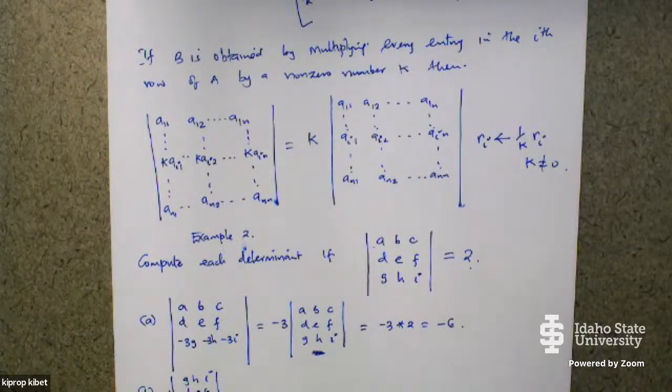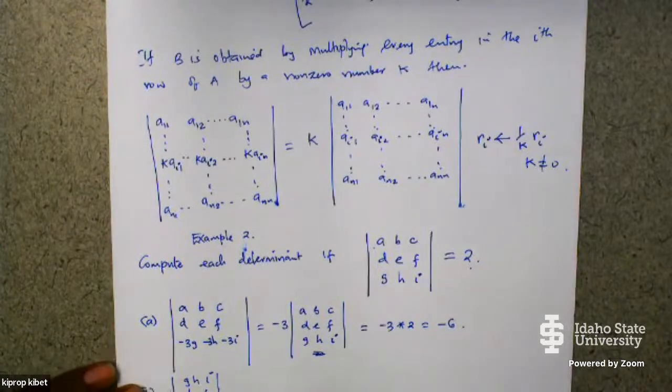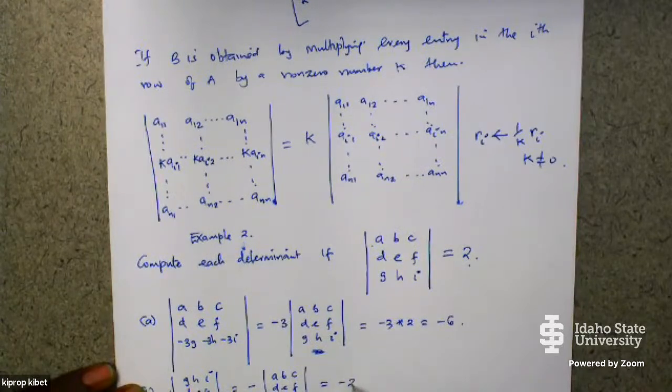So using property number 2, when we switch, what happens? The determinant changes to negative. So this is the same as negative the determinant of A, B, C, D, E, F, G, H, I, which is equal to negative 2, so -2.